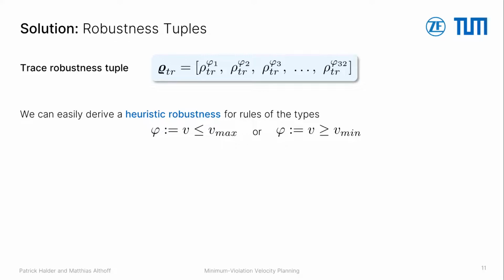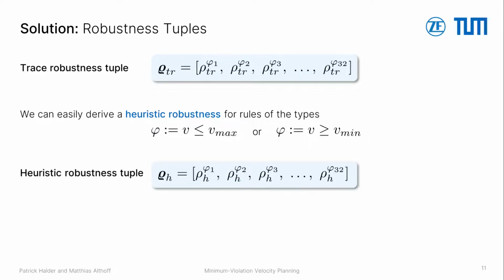The reason is that for these minimum and maximum velocity rules, an expected robustness can be easily calculated using a simple forward simulation with the minimum and maximum possible vehicle acceleration. For the remaining rules, we set the heuristic robustness simply to be 0. Resulting, we get a tuple containing 32 heuristic robustness values for a trace. The total robustness of a trace is then simply the sum of the trace and the heuristic robustness.